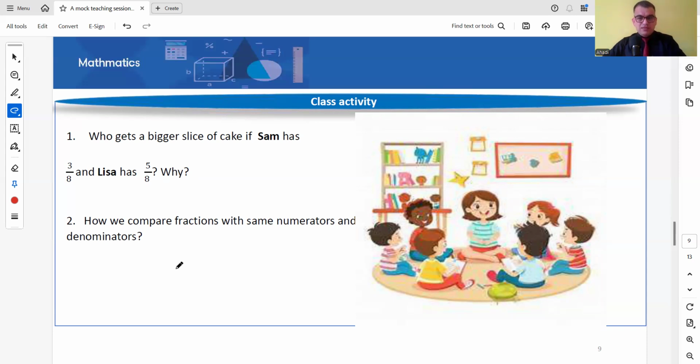We have studied comparing fractions with different numerators or different denominators, or maybe both different. You find, if they have the same numerator and denominator, which one is bigger or how we can compare them. Okay, then from each group, one person should present the result to all of us.